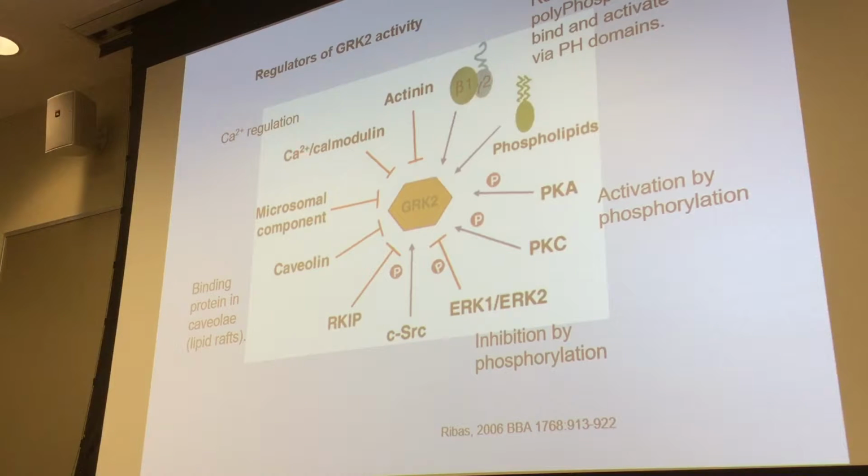And we just talked about the calcium and the calmodulin, which is going to be a negative regulation, so that in high calcium levels we're going to see an inhibition of our GERC. We also see that when it's in the lipid rafts, it's not going to be active. And very typically, when caveolin does bind to a protein in the lipid rafts, it may be securing it there, but it may not allow its activity.